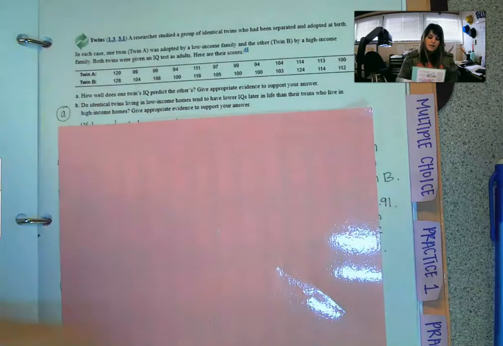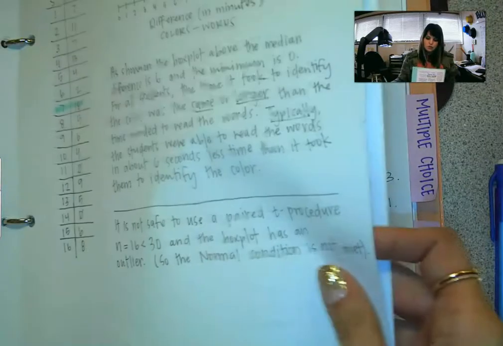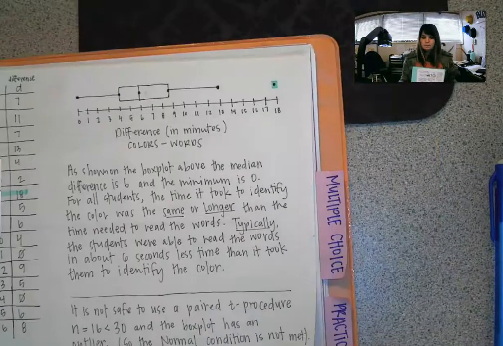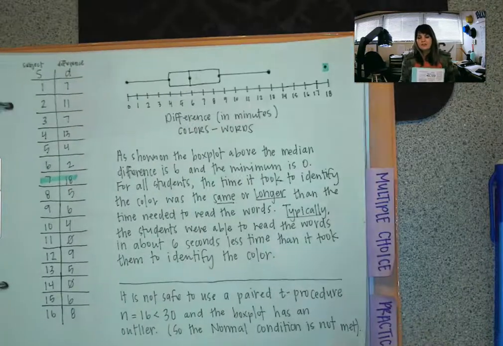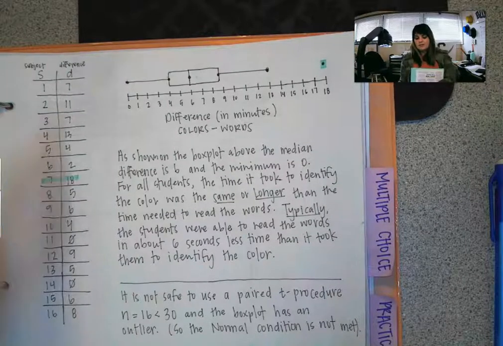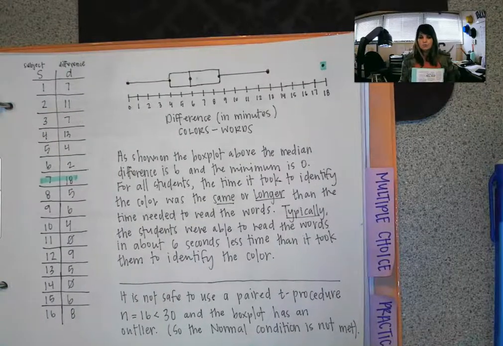For part B, I would do something similar to this problem. You don't have to make a box plot because it's not saying give graphical evidence, but in the very least, I would find the difference in IQ to answer that question.